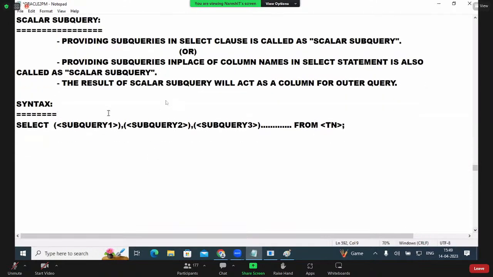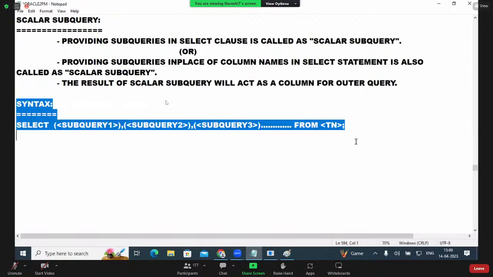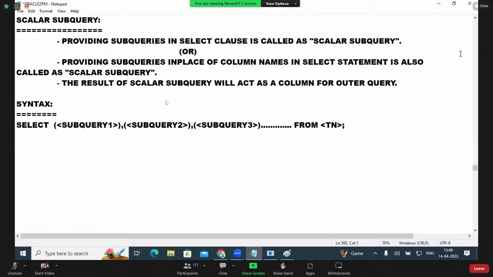This is the definition and the working nature; the syntax and practical examples we will see in tomorrow's session. And tomorrow your subqueries concept will be completed, and I will start one more new topic.